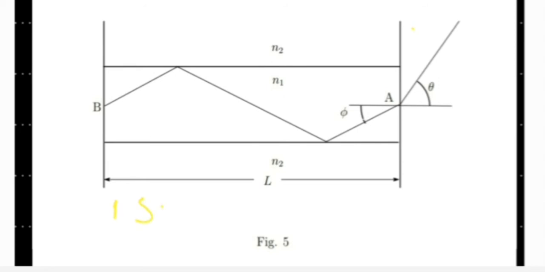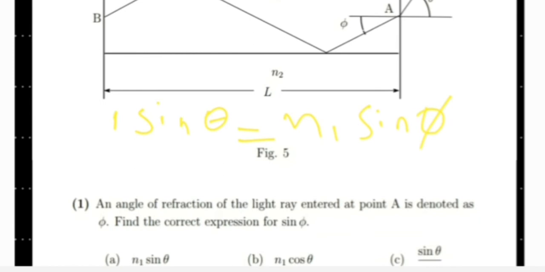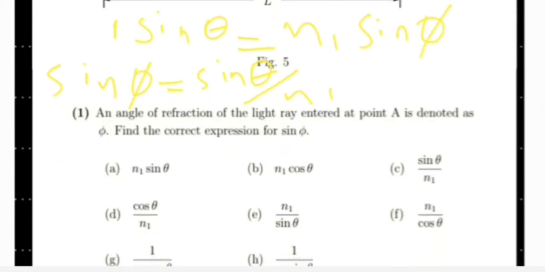So 1 multiplied by sine of theta must be equal to n1 multiplied by sine of this omega. So sine of omega must be equal to sine of theta divided by n1, and this is actually the answer.